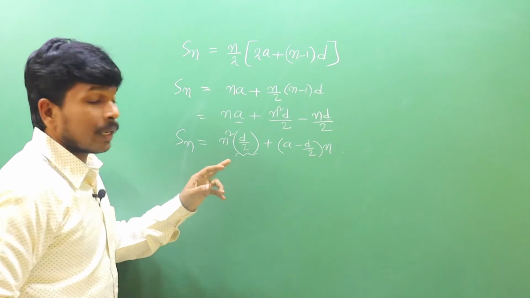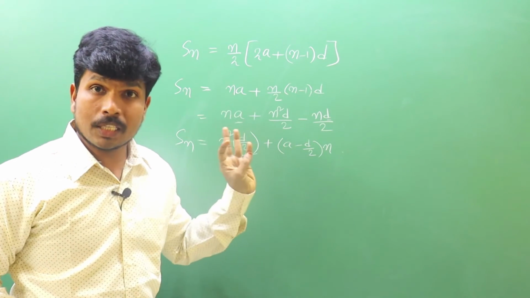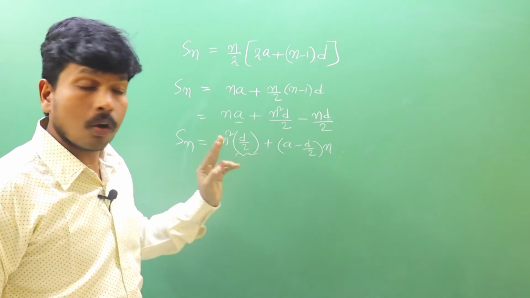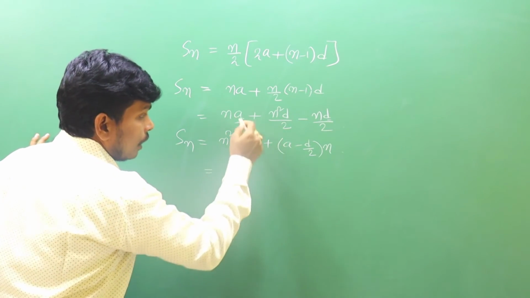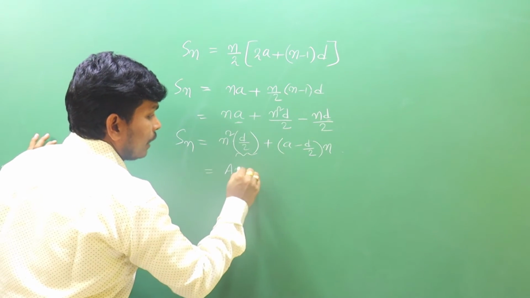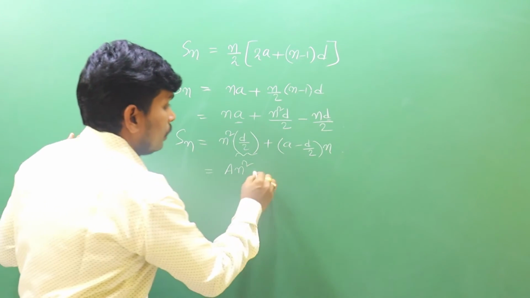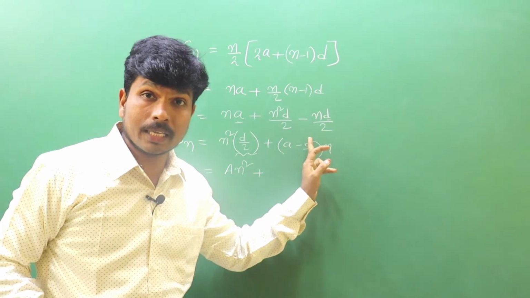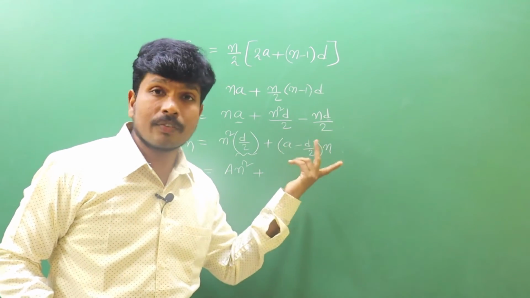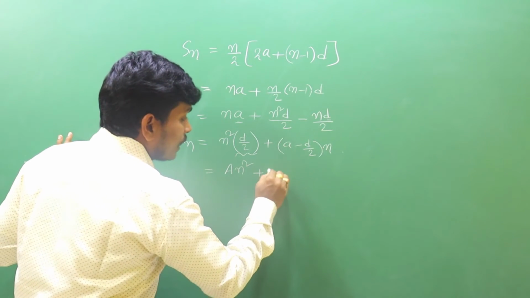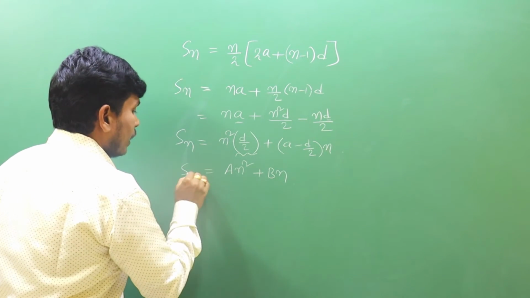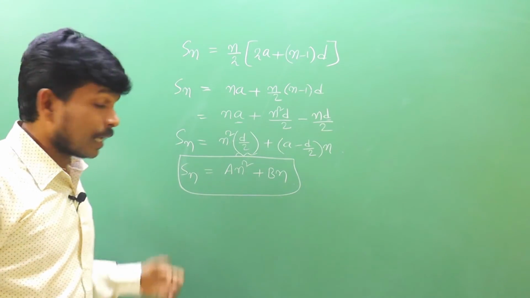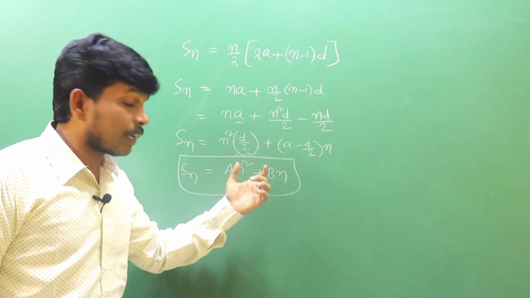It is a constant, because in a sequence a is constant since it is the first term, and d is also constant since it is the common difference. So d by 2 I represent by A, it is in the form of A n square plus a minus d by 2, which is also constant because a is constant, d is constant and their subtraction and division are also constant. So I am taking that as B. Now my Sn is in the form of A n square plus Bn.